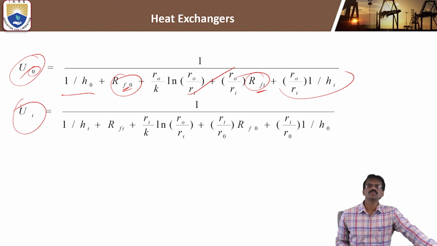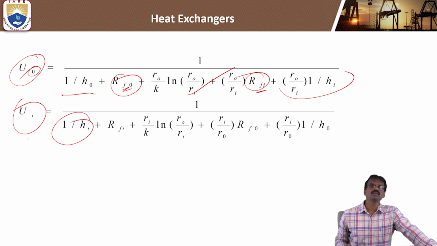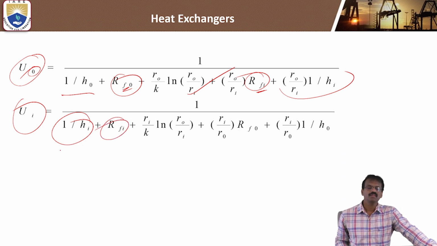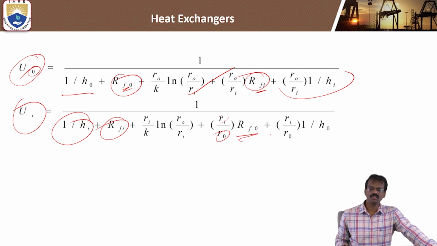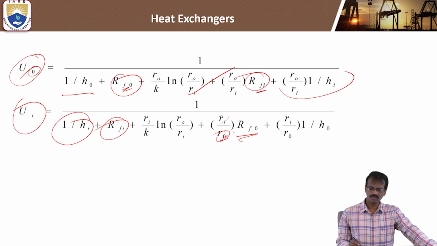Similarly, the overall heat transfer coefficient with respect to the inner surface is equal to 1 by, first of all, the convection resistance, that is 1 by Hi. Then R fi, the thermal resistance of the fouling factor with respect to the inner surface, plus Ri by K ln R naught by Ri, plus Ri by R naught into R F naught, the thermal resistance of the fouling factor with respect to the outer surface.